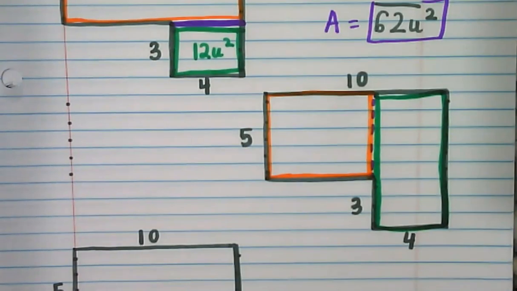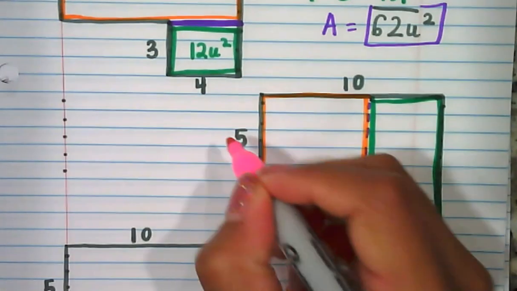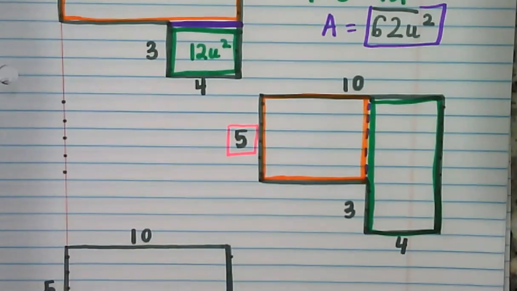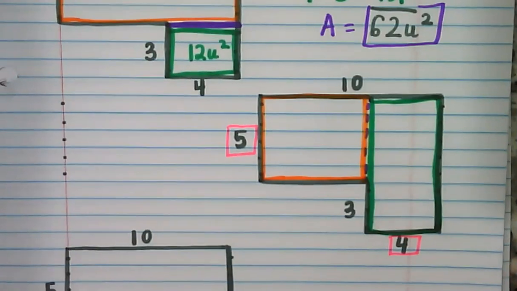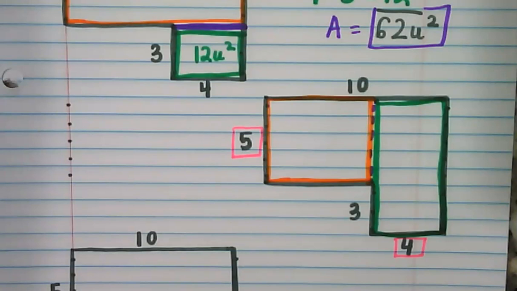All right. So for now, I see that I have some measurements that are important. We have the 5, we need the 5, and we also have the 4 here. But we need some other measurements that are going to help us find the base and the height of these shapes so we can multiply them together to get our desired answer. So how are we going to do that?